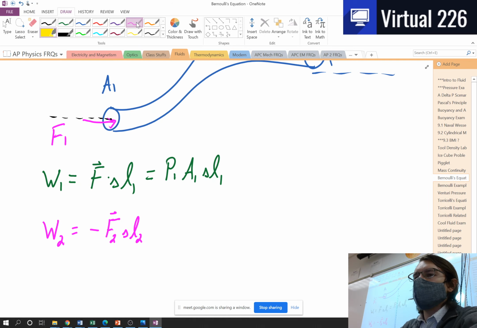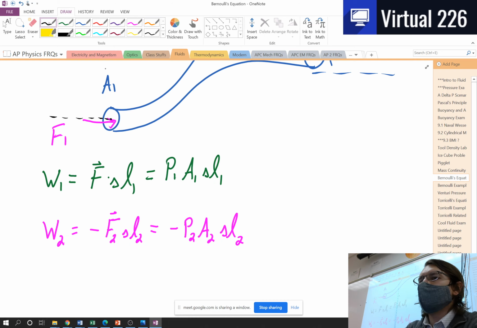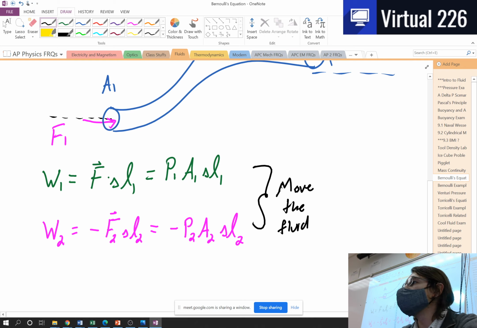And what this means is that we could rewrite this as equaling negative, well, a force is a pressure by an area, so we'll call this P2 A2 delta L2. Okay? This is all the work that is done to move the fluid. That is the work that is done to just move the fluid.